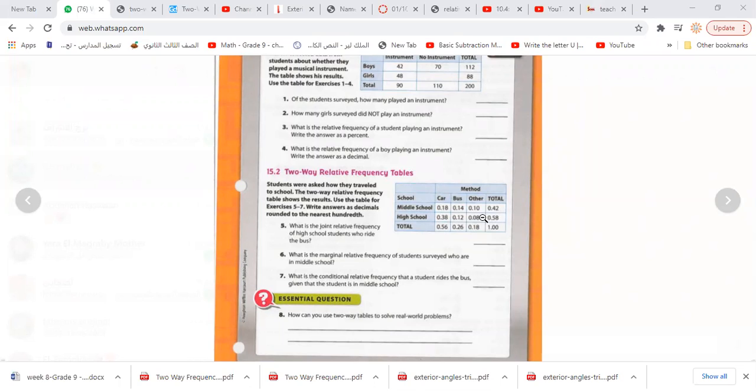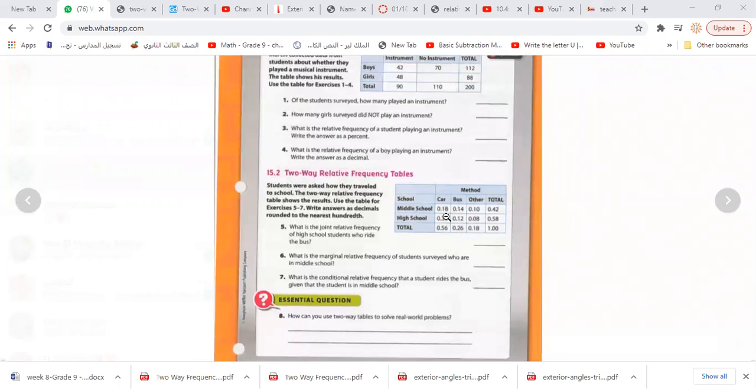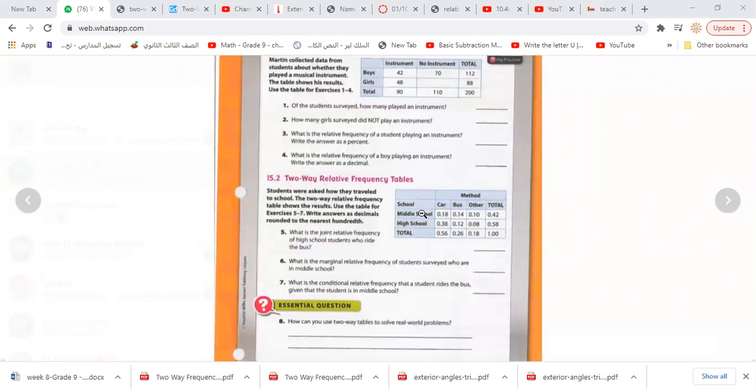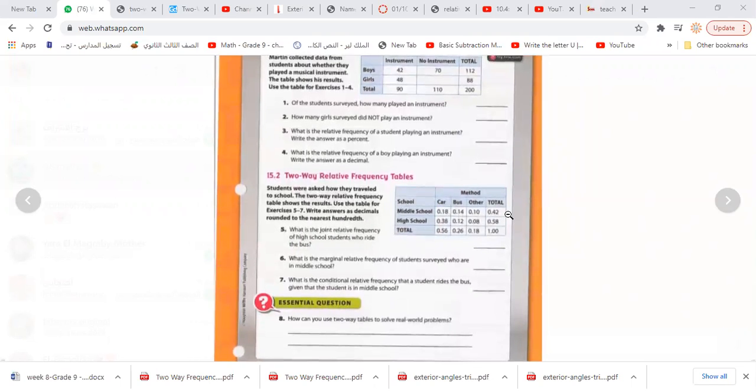If I want to calculate the conditional relative frequency that the students ride a car given that the students are in middle school, then you will find the intersection between car and middle school, which is 0.18. Then you will move to the same row to find the total. What is the marginal for this one?